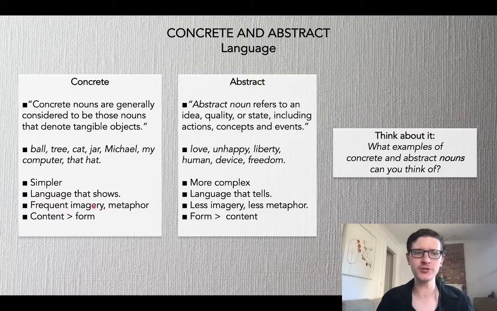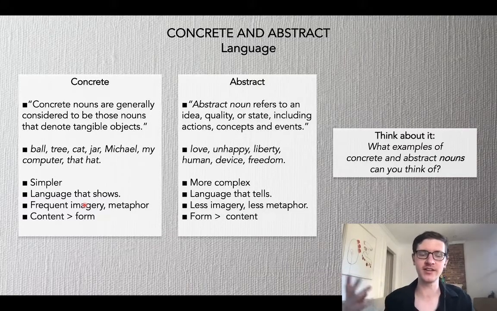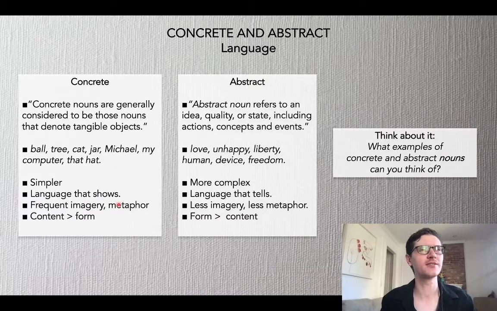In concrete poetry, we'll see frequent imagery and frequent use of metaphor. And remember, imagery is when language is used to spike any of the senses: touch, smell, vision, hearing, the audio, and did I skip one? Yes, vision, so all five.